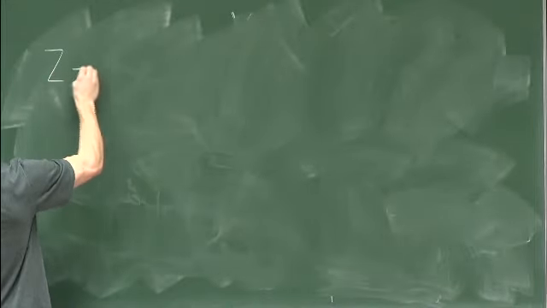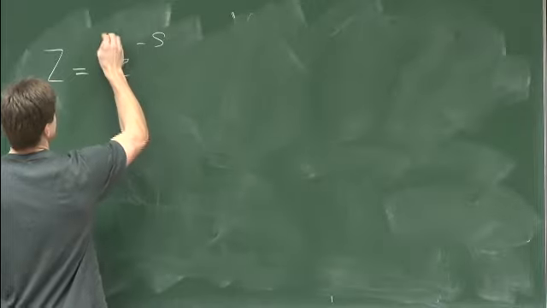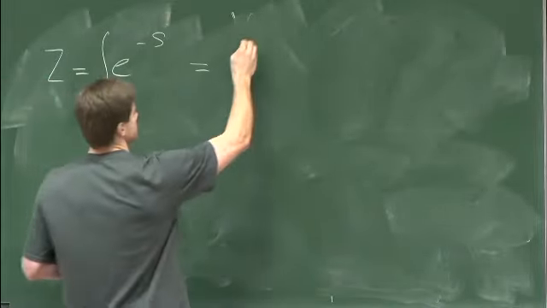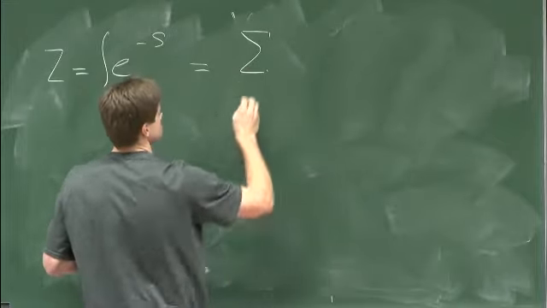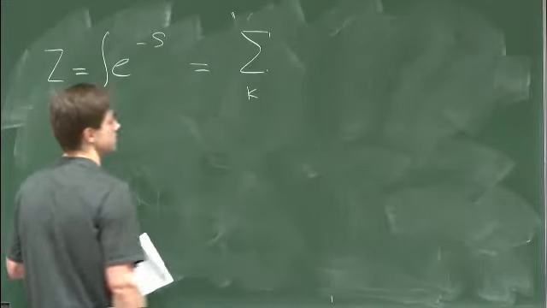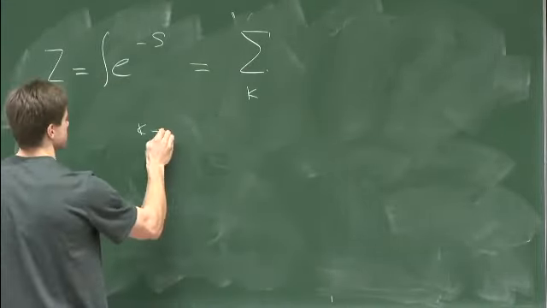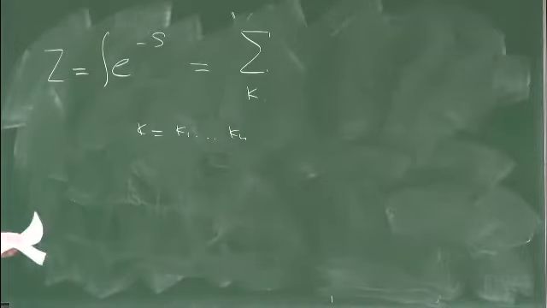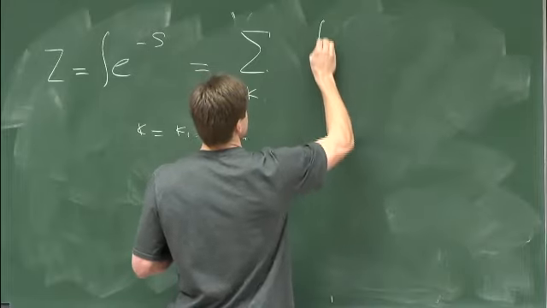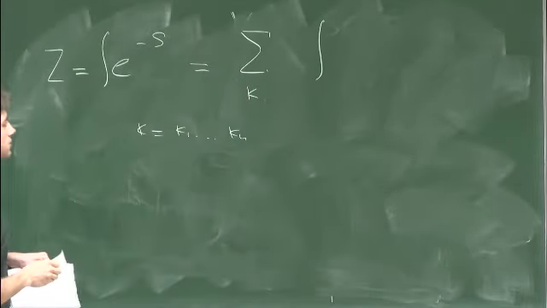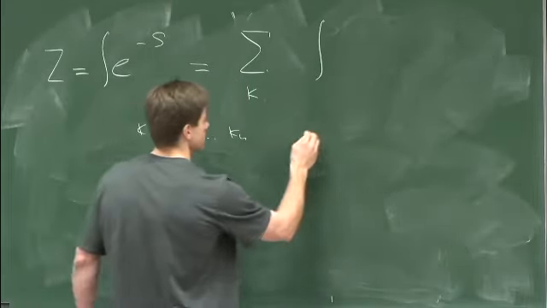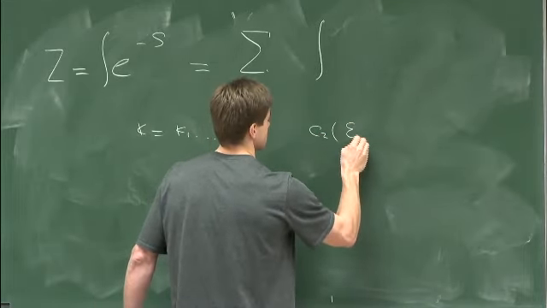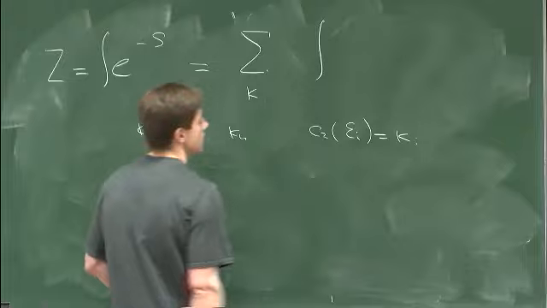The partition function Z, like the integration over all fields with the corresponding action, is the sum over instanton charges, which I collectively denote by k. So k again is the list of charges, k1 through kn for all groups. And then you fix the second Chern class of the corresponding vector bundle, c2 of the corresponding factor, equals ki.